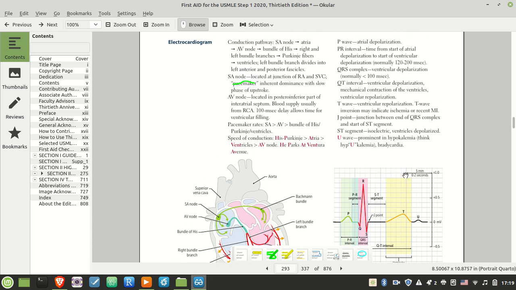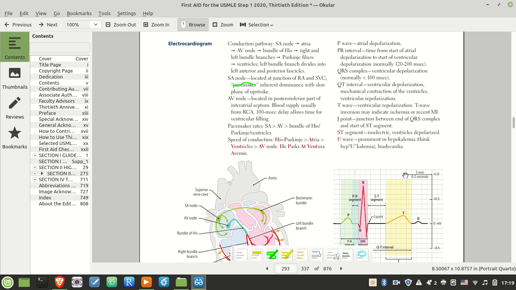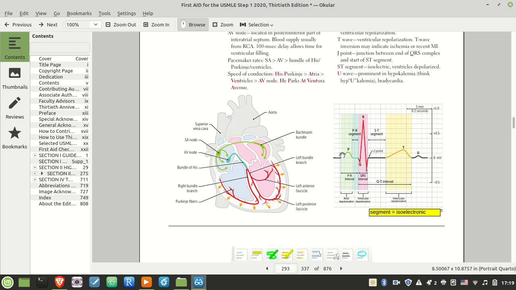I guess this is kind of technical, but I'm actually going to get into why you have a positive P wave, why you have a positive T wave. This is the way the heart is, right? If you were to draw the direction of everything, things kind of flow in this general direction.